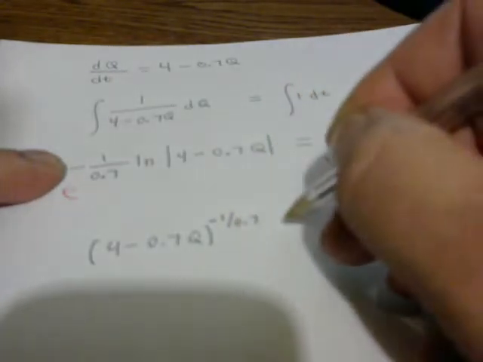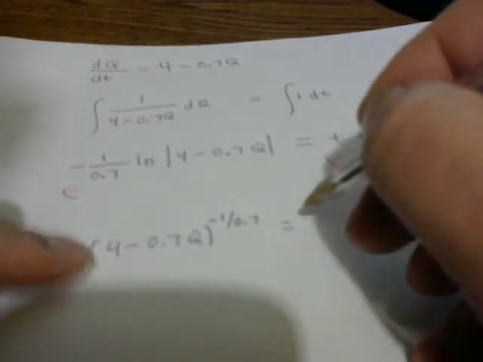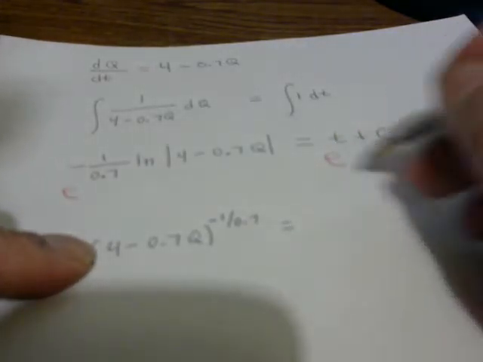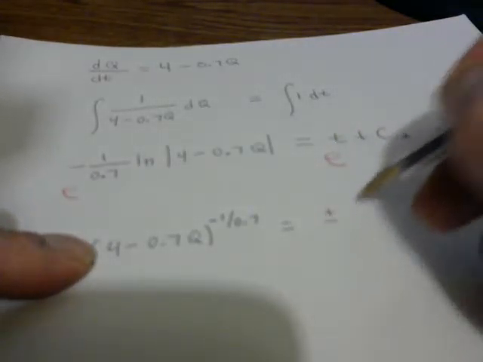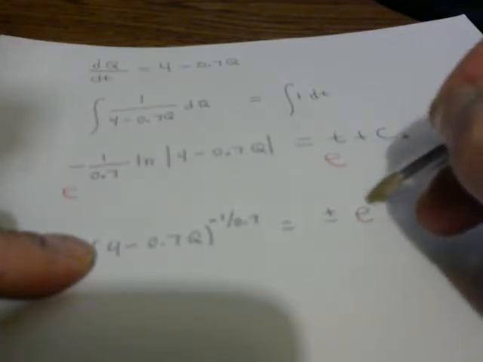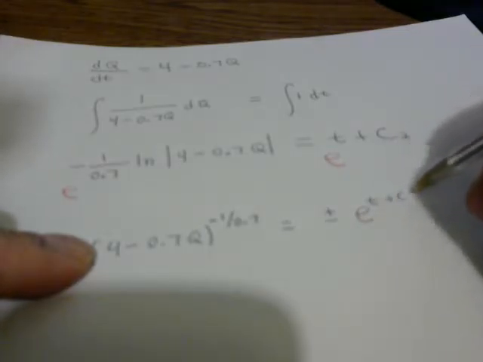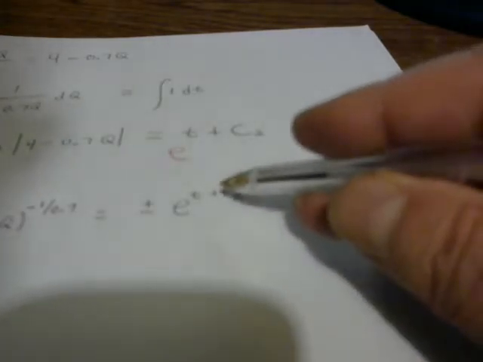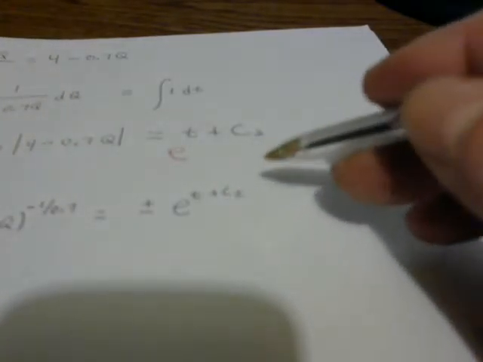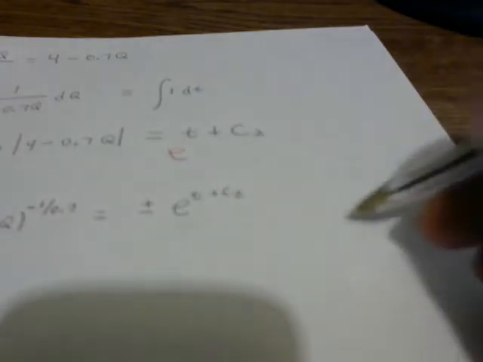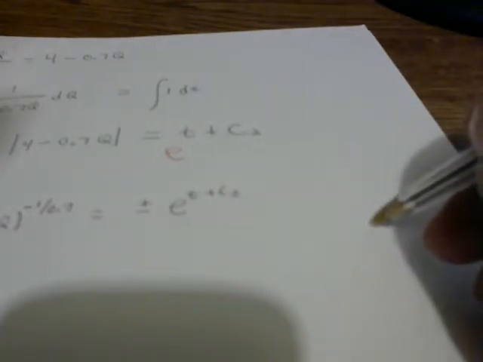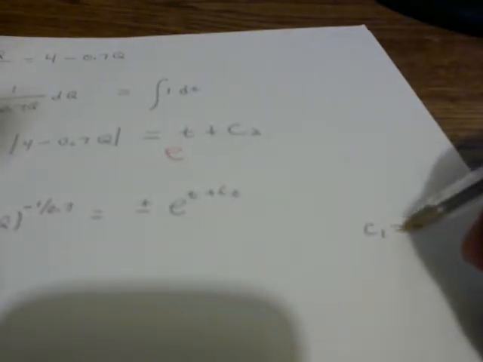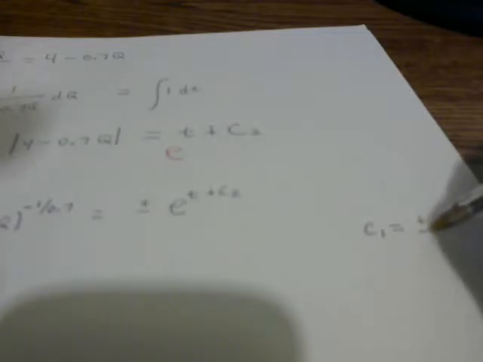Now, because I got rid of the absolute values here, we're going to make this plus or minus e to the t plus C2. I make this C2 because we typically have to continually change our values of C. So here I'm going to say C1 equals plus or minus e to the C2.